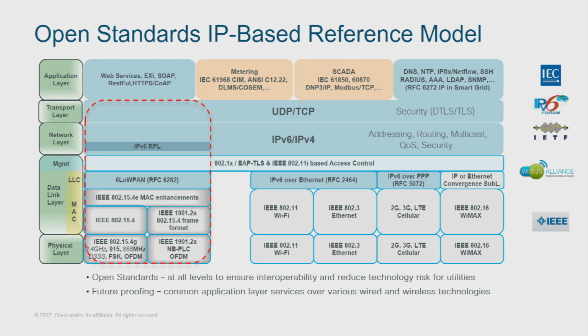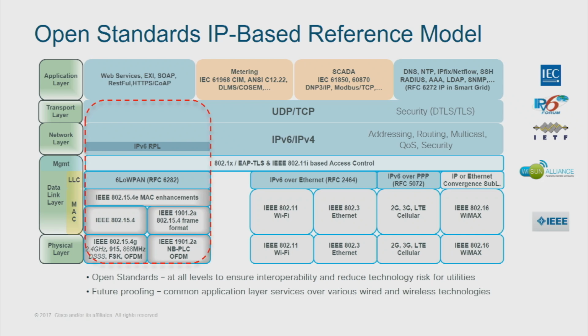The 15.4 frame is very similar to Ethernet and has been adopted by other technologies like Zigbee and so forth. Then you have the 15.4e MAC amendments. This really helped bring in some of the features needed to better adopt it within industrial environments, things like frame security, extensible frame security, extensible information elements.